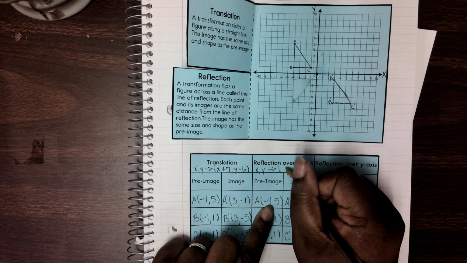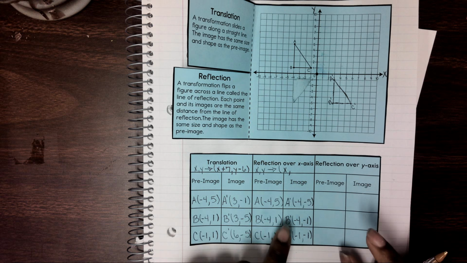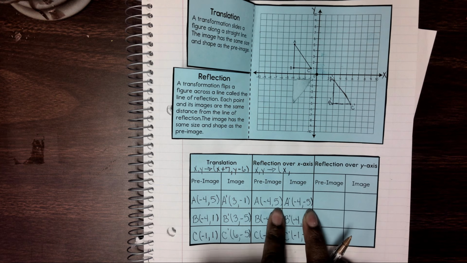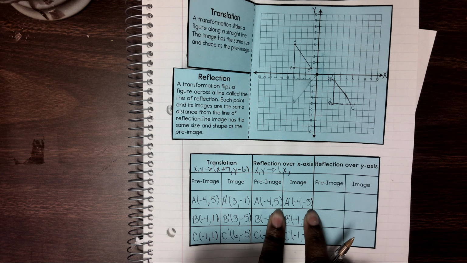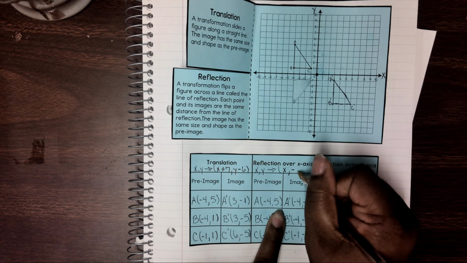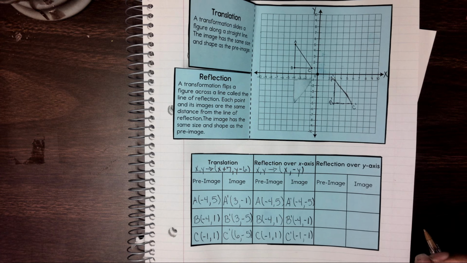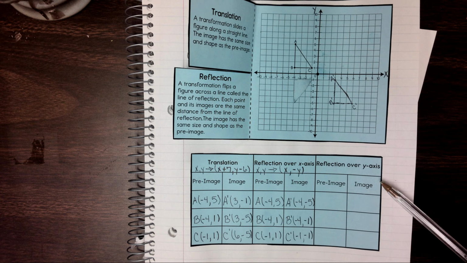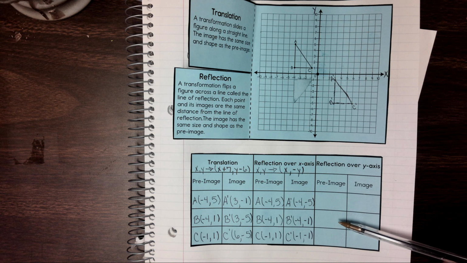And as you can see, it stayed the same. In regards to our y values, we went from a +5 to a -5. They are opposites of one another, so it is opposite y. Okay, so now you should be able to make the connection between your ordered pairs and the rule.